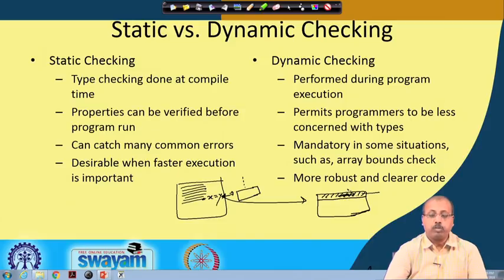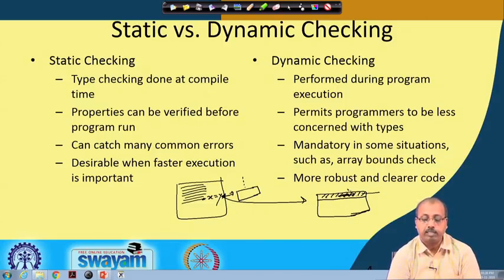That will not be possible with static checking, because the actual call is happening dynamically. So that has to be taken care of by dynamic checking only. That is why dynamic checking is done in several programming languages, but of course it makes code generation a bit difficult, and the life of the compiler designer becomes a bit tough.